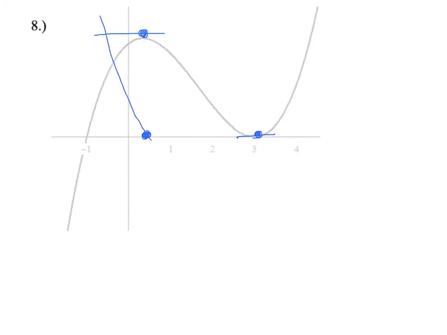Positive going towards 0, negative, positive. And this is the second derivative. So this was f prime of x.